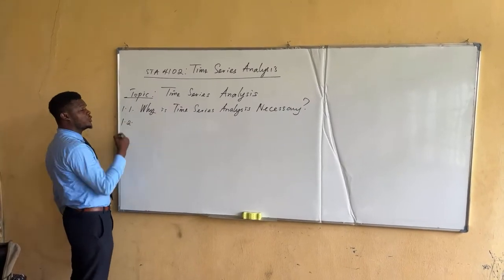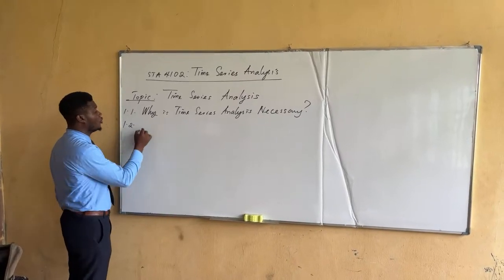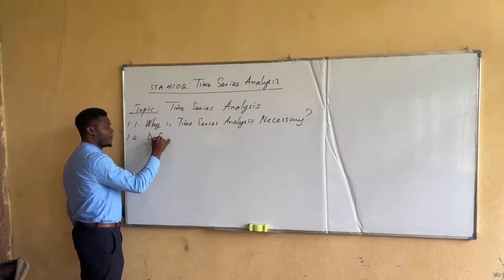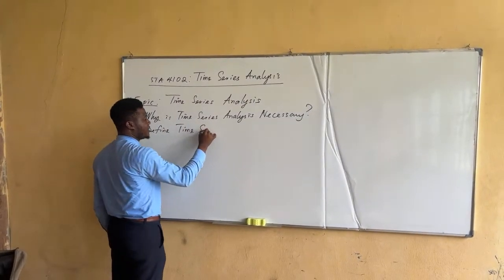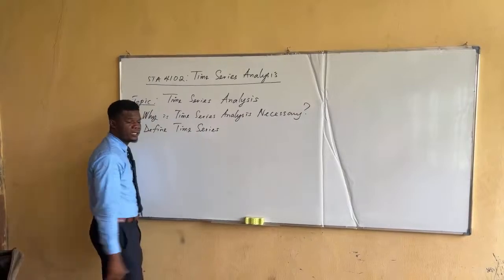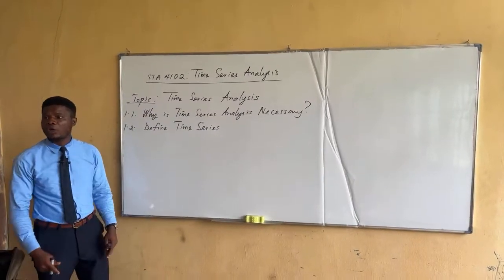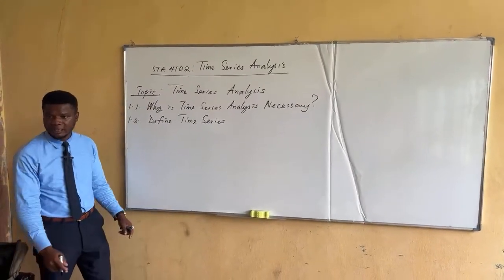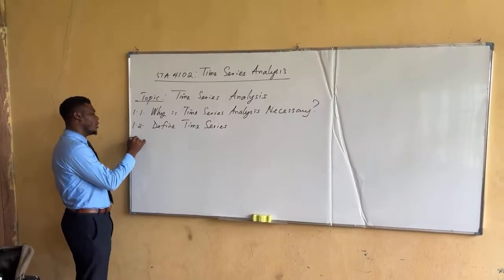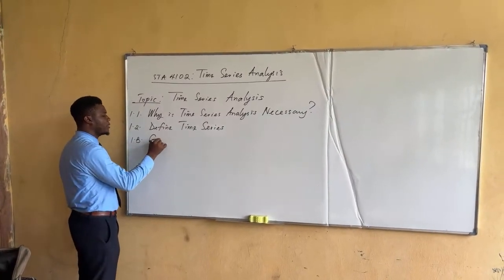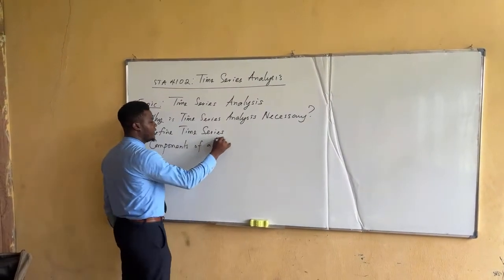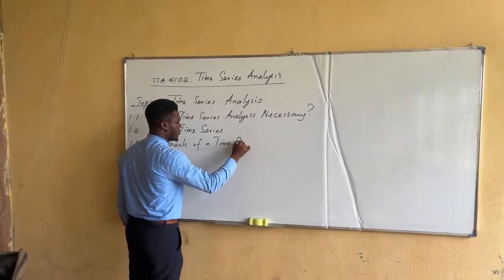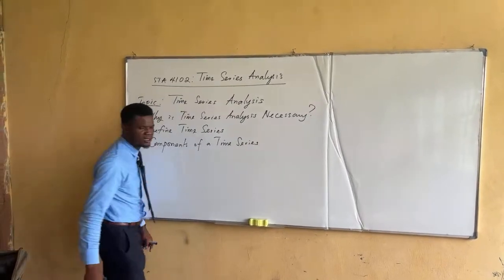In subtopic 2, we now define time series analysis, or time series. We start with defining time series, or what you can call time series data. Now, in 1.3, we will talk about the components of a time series.